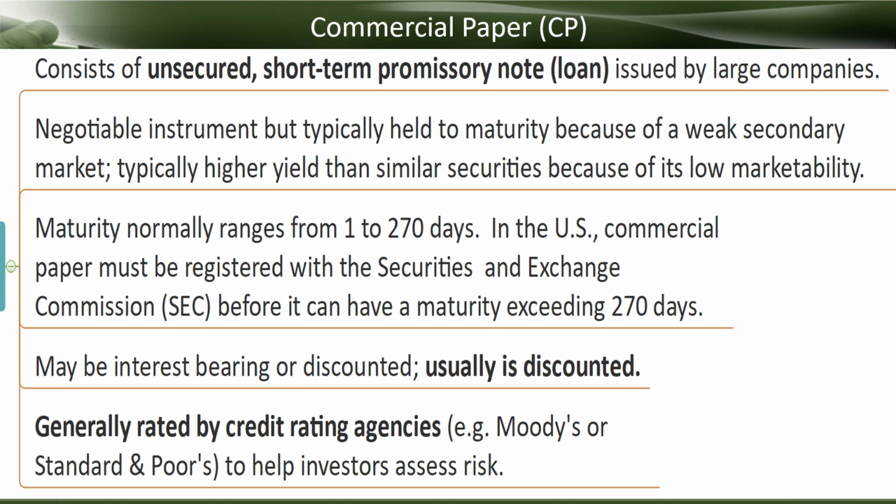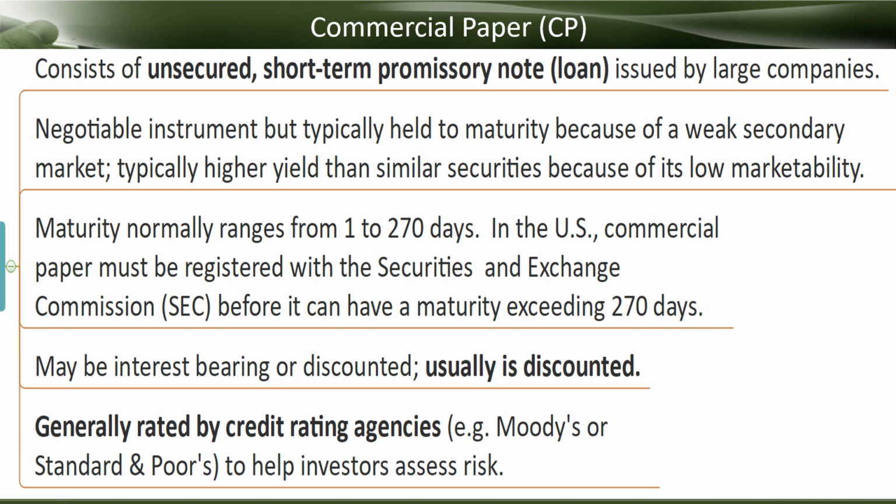In the US, commercial paper must be registered with the Securities and Exchange Commission before it can have a maturity exceeding 270 days. Otherwise, 1 to 270 days is the norm. It may be interest bearing or discounted, but usually it is discounted.